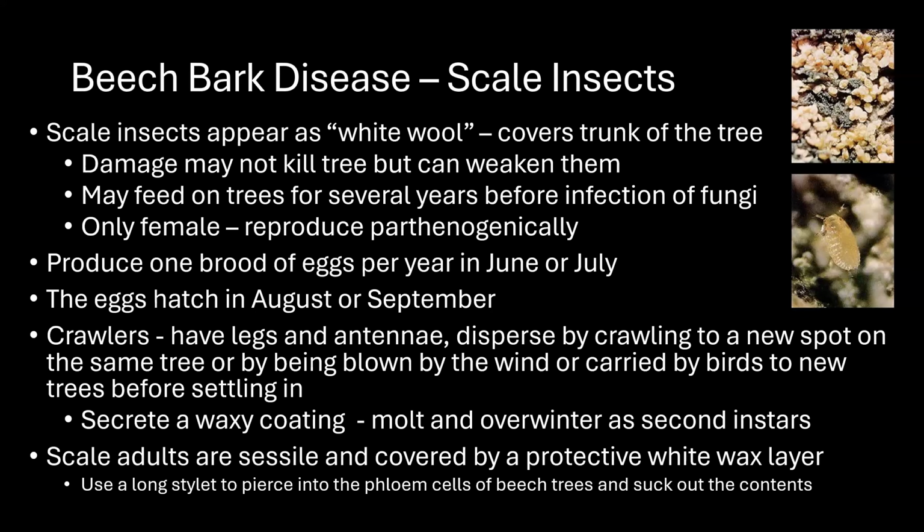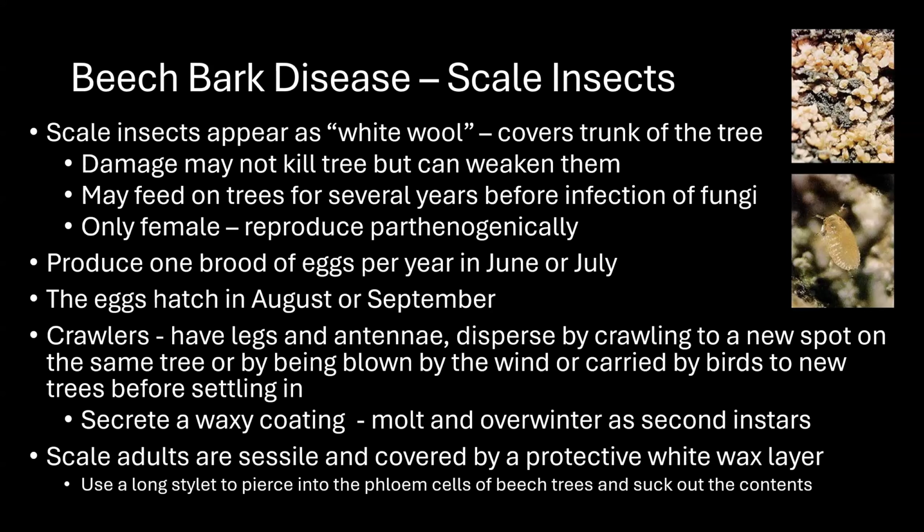They don't move. It's only the younger, more juvenile stage that actually moves. So the adults don't move, but they can still cause a lot of damage. And they're also protected. They have this very protective white wax layer that keeps them safe from predators, even resilient to maybe insecticides, things like that.